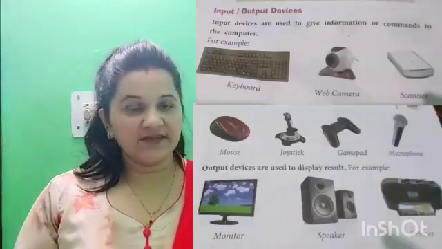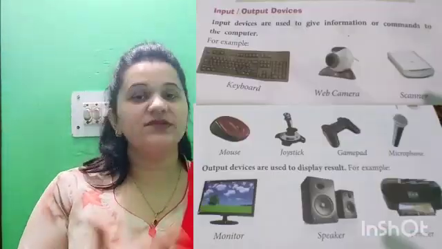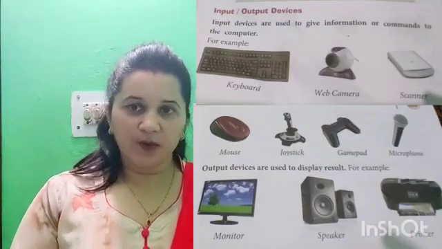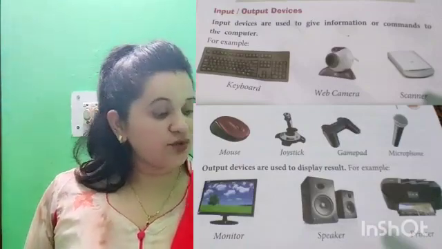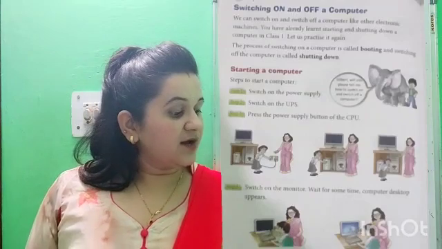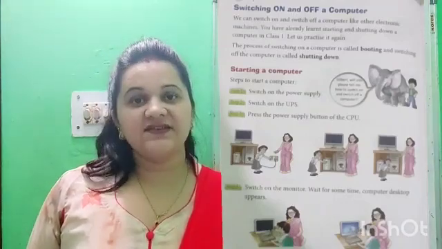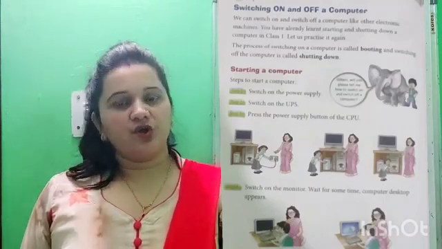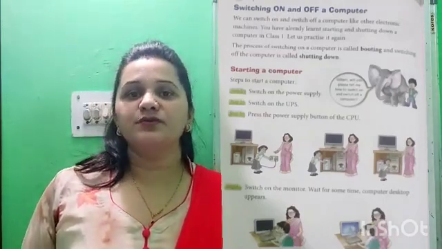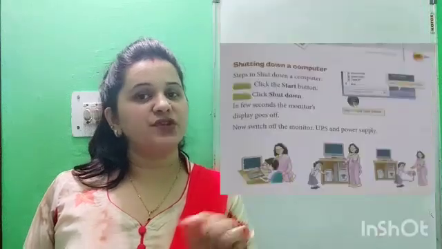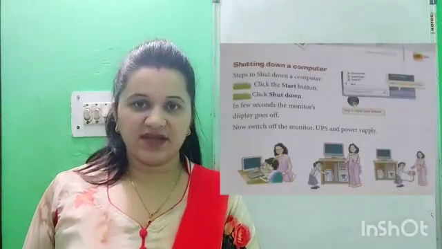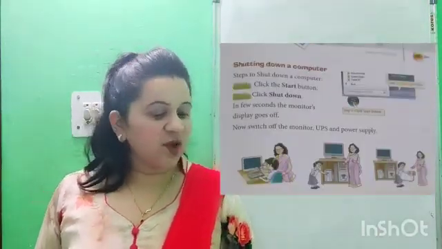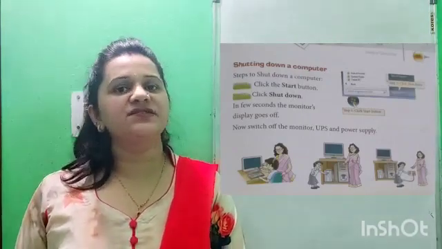Next we have studied about the input output devices. We have also come to know about the process of switching on and switching off a computer. Switching on a computer means booting up and switching off a computer means shut down. Okay children, so this is all we have studied in this chapter.